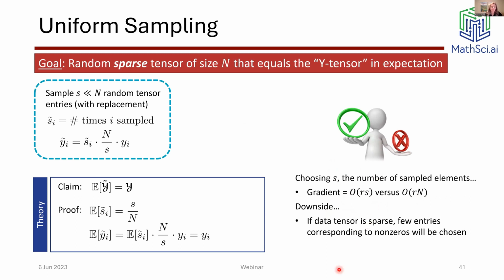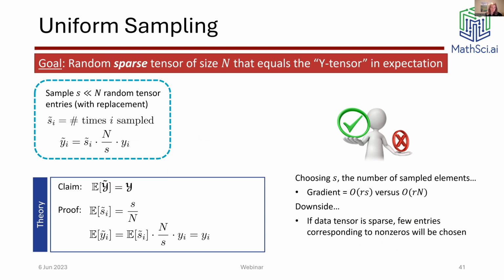The downside is that if the data tensor is sparse, when you're only picking a few entries per gradient, most of the entries you pick will correspond to zeros rather than non-zeros. And actually all the information is in the non-zeros, so that can be bad.